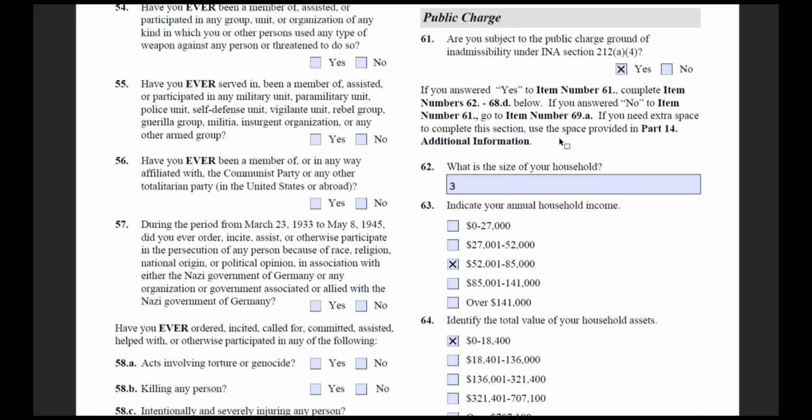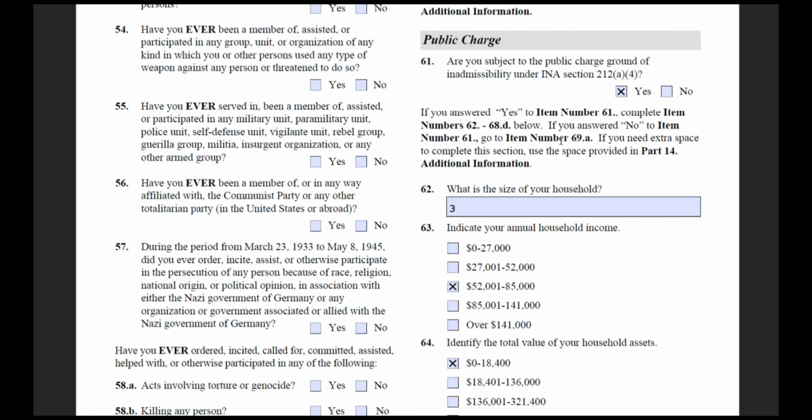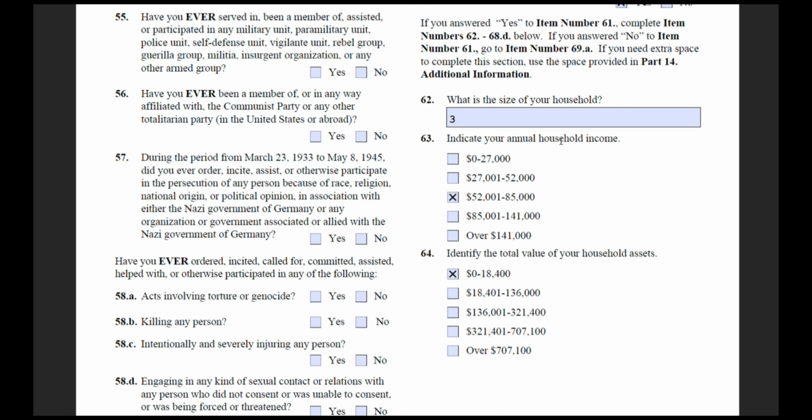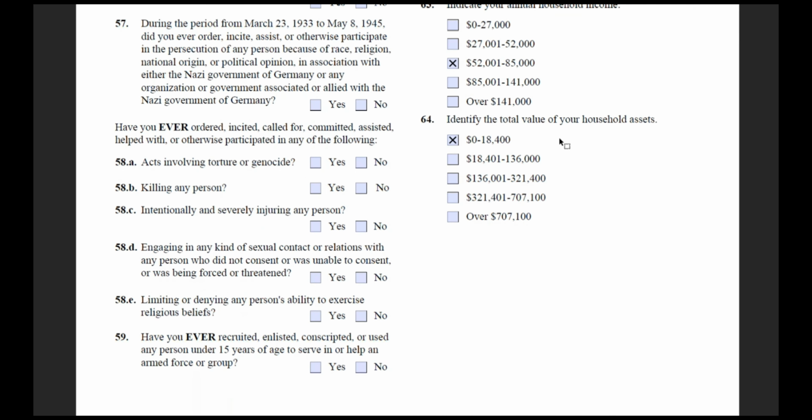And if USCIS feels like they need additional evidence from you, they will issue a request for evidence asking for any kind of evidence that they would like to see from you.